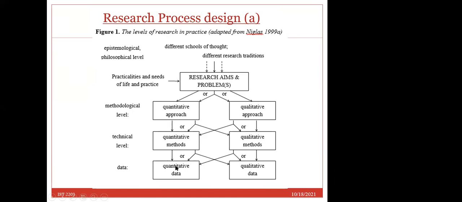And then you decide what data you collect, whether it shall be qualitative or quantitative or a mix. So for today, we are here at the methodology level, and we shall also look at the methods if time allows. So what does it mean to have methodology and to have methods?